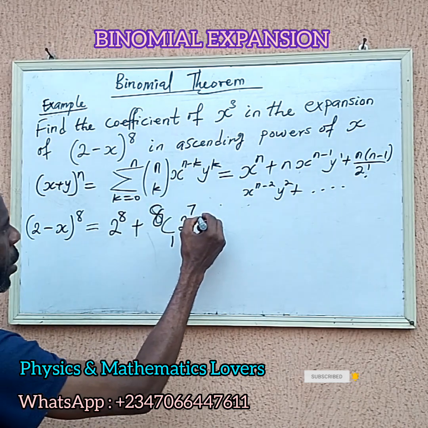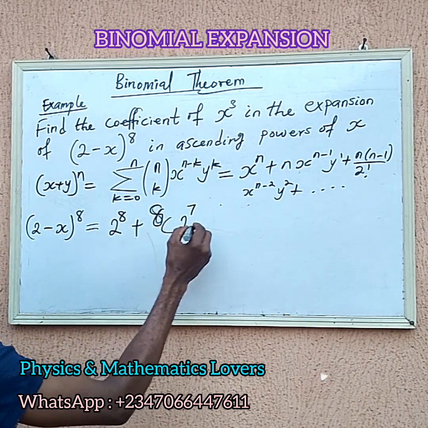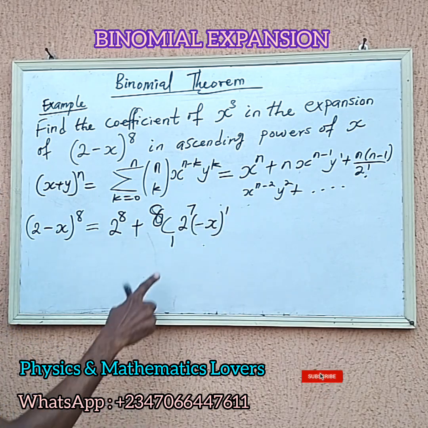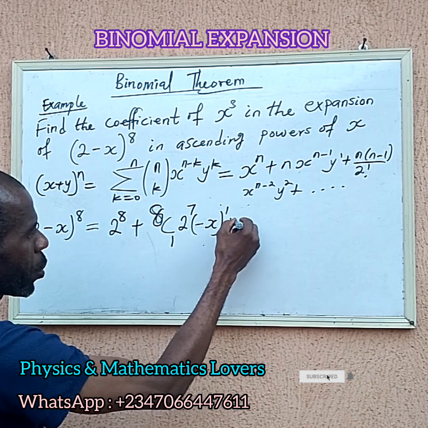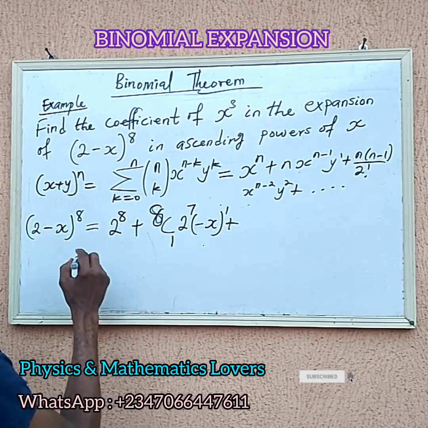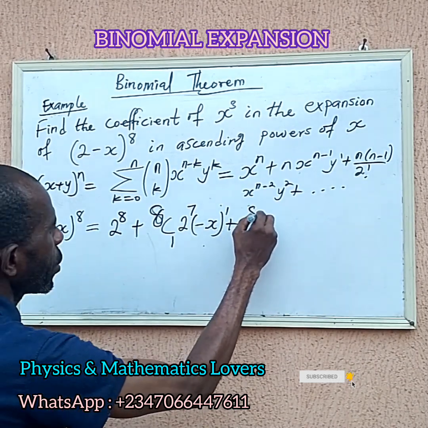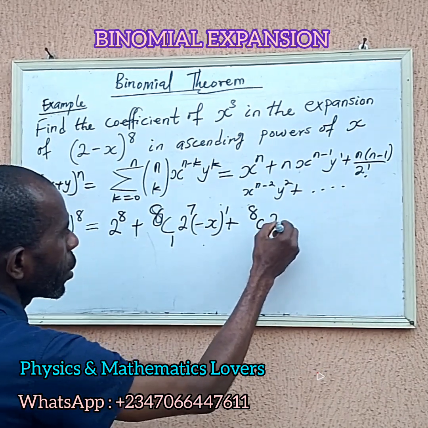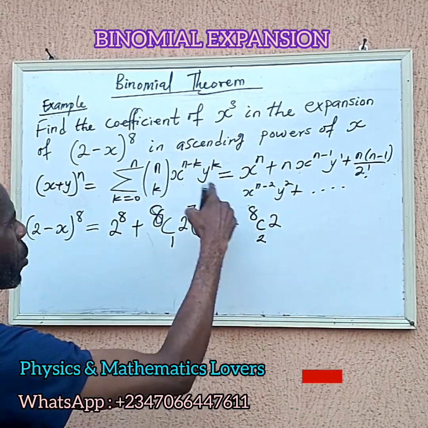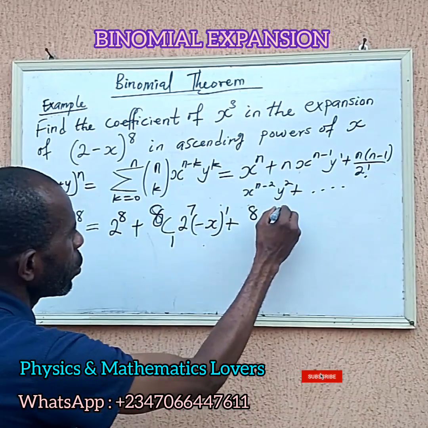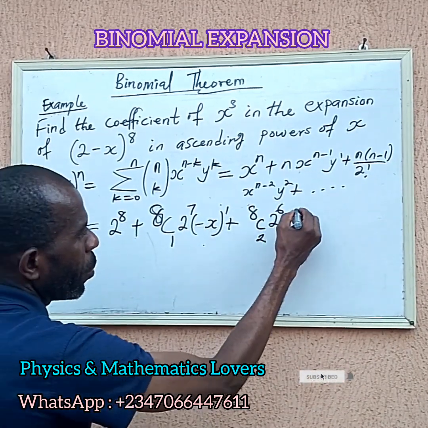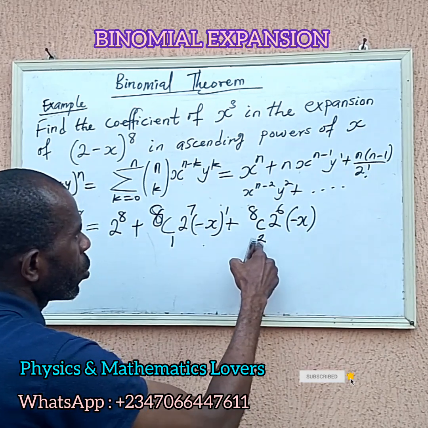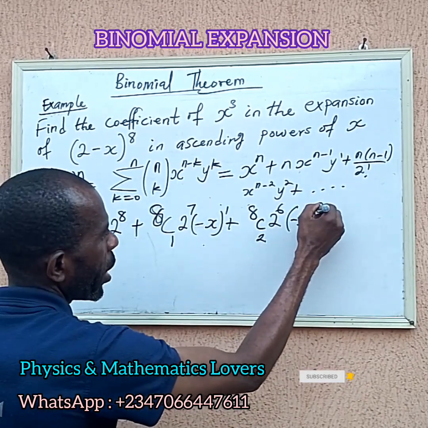Then we have negative x raised to power 1. Then plus the next one: 8 combination 2, then 2 decreased by 2, which is 8 minus 2, so 2 raised to power 6, multiplied by minus x raised to power 2.